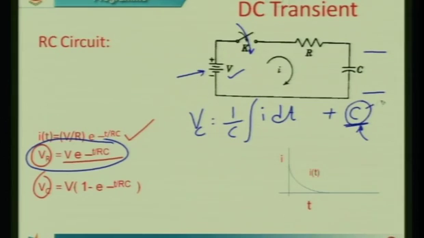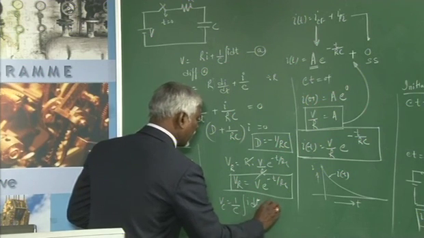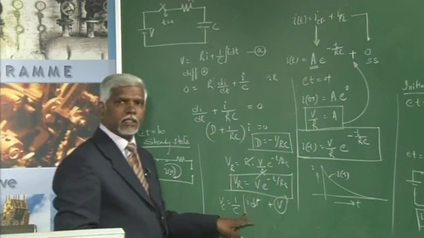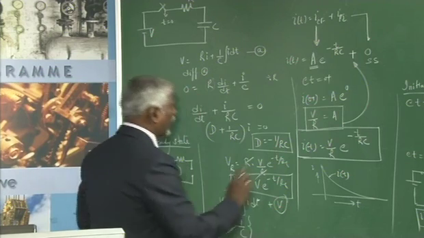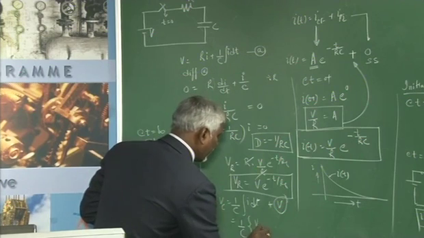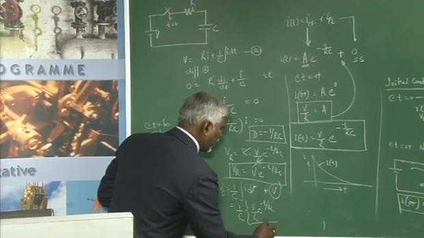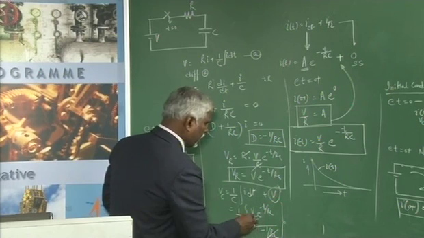So, this constant will be equal to V. If I take VC as 1 by C integral I dt plus the constant, which comes along with the integration, this is equal to 1 by C integral of I, which is V by R e to the power of minus t by RC, so V by R e to the power of minus t by RC divided by minus 1 by RC. This RC will cancel.